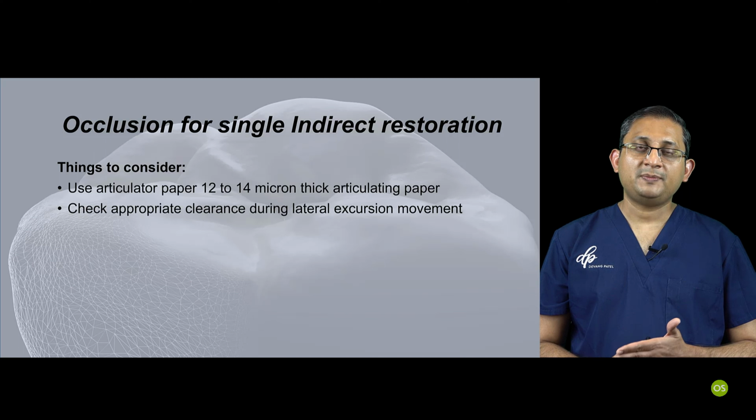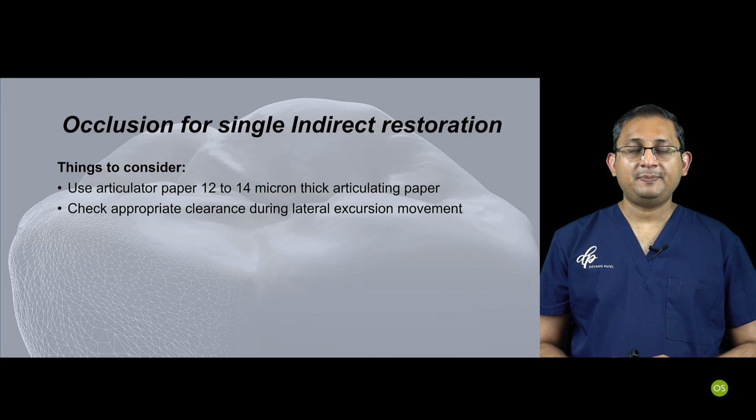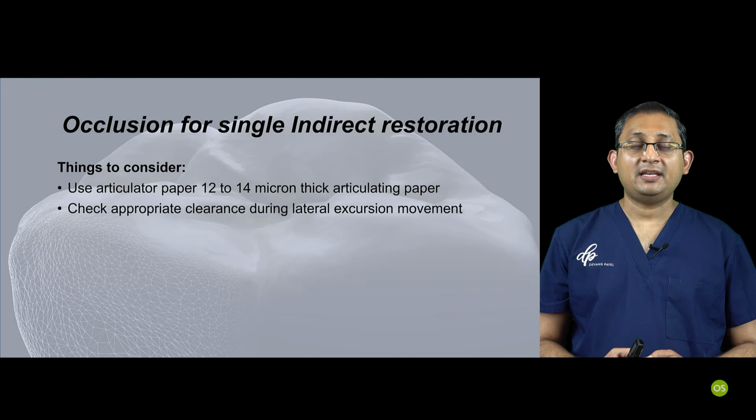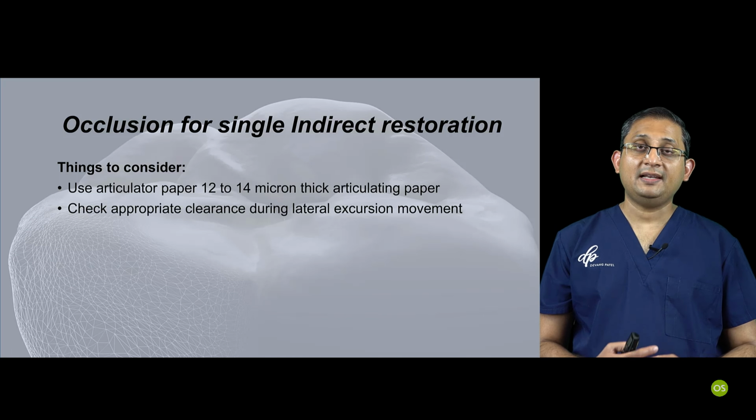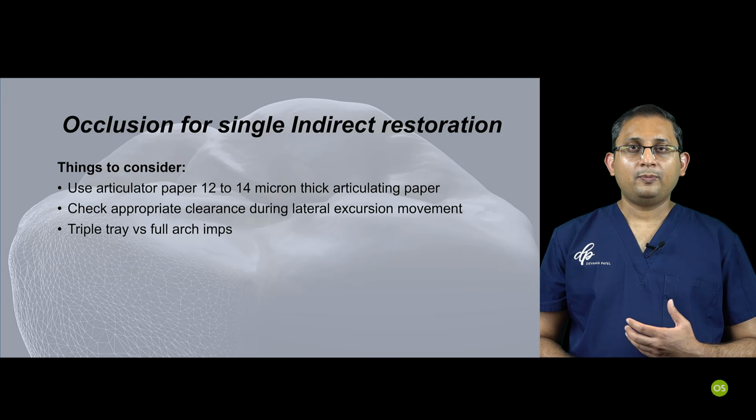Make sure you ask the patient to do a lateral excursion and check that there is enough space for you to restore the tooth in lateral excursion, because sometimes you can incorporate non-working side contact because the reduction is not enough when the patient is doing lateral excursion. So make sure that you have enough reduction when the patient is doing lateral excursion.